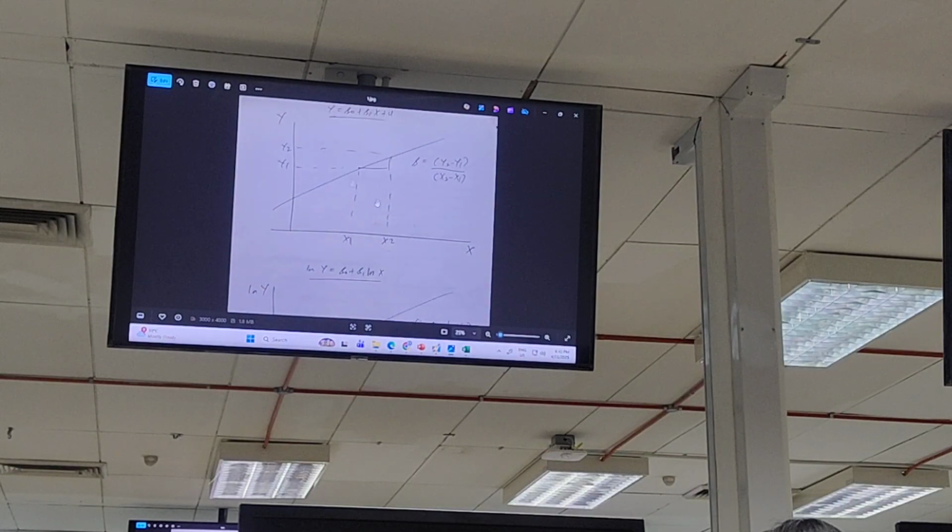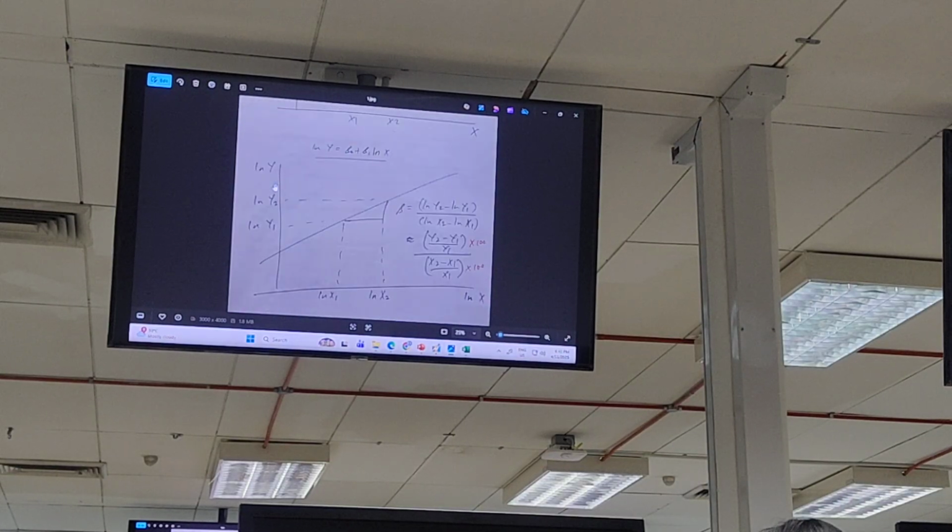So this one is between y and x, but this one you use log transformation. As I mentioned before, the difference between two values of log y is approximately equal to the relative change, y2 minus y1 divided by y1. So if you multiply by 100, then it's percent change in y. And for x, it is also the same. This one uses a linear model between two values of x, and this one is between two values of log x.